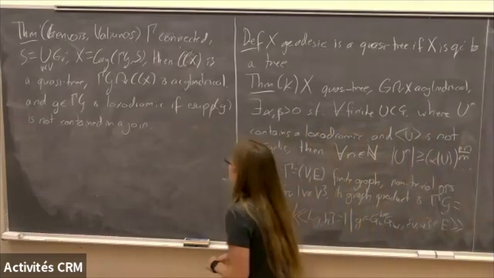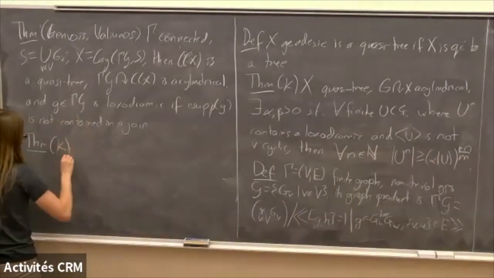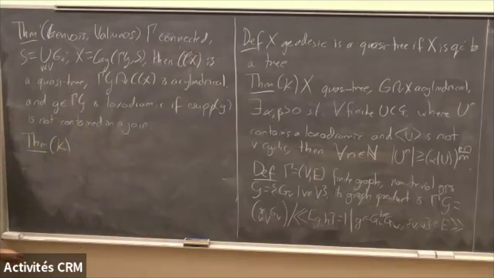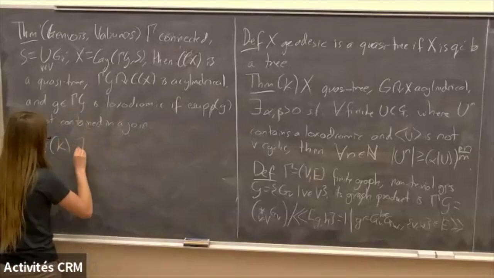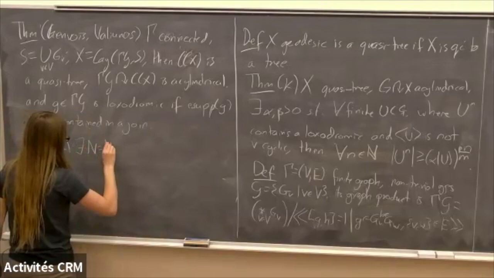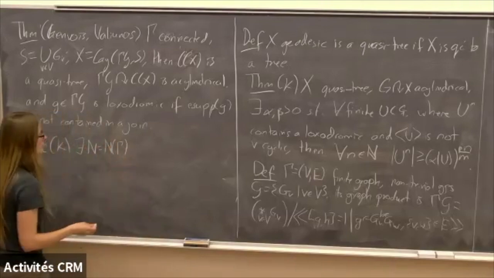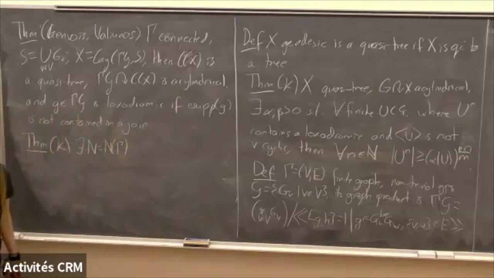So the first result I want to mention is the following: there exists some constant that only depends on the graph. I'm going to talk about right-angled Artin groups first, because this is the easier case, and then we'll build on to graph products.